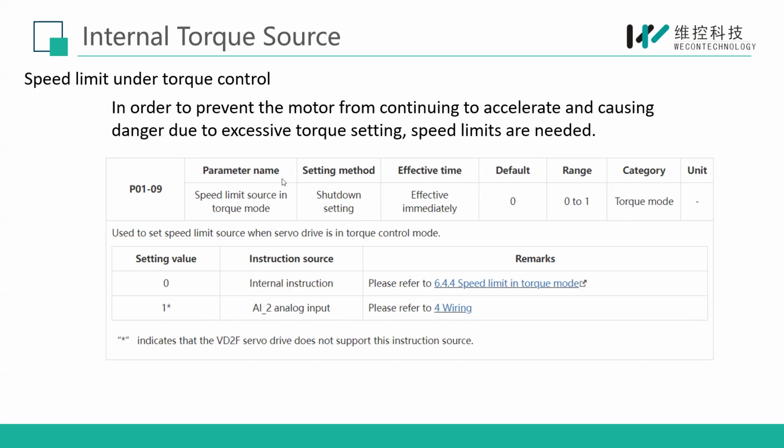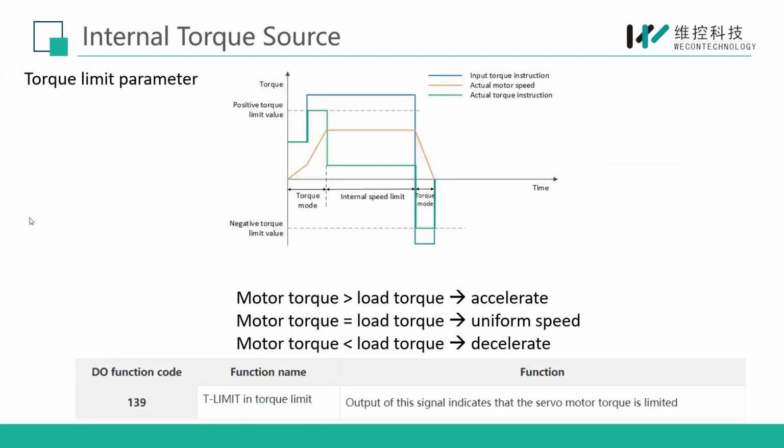So why do we need to set a speed limit under torque control? Because we need to protect the motor. From here you can see if the motor torque is bigger than the load torque, the motor will always speed up and speed up.